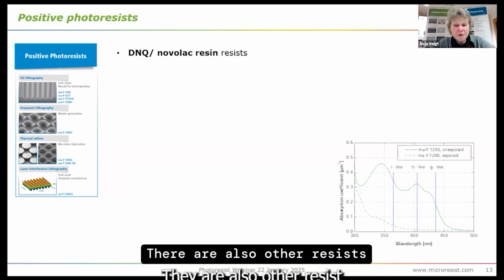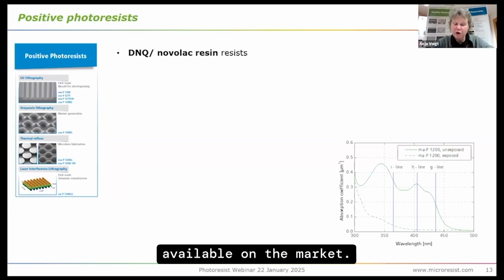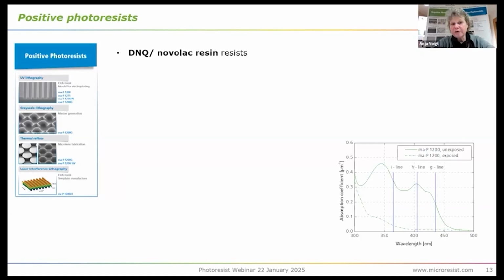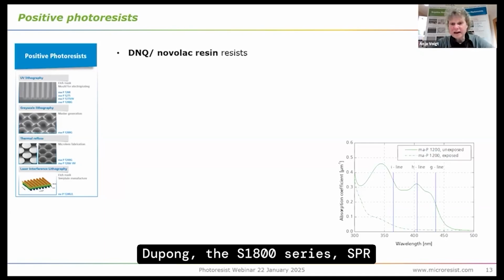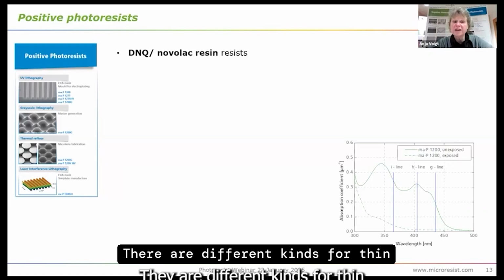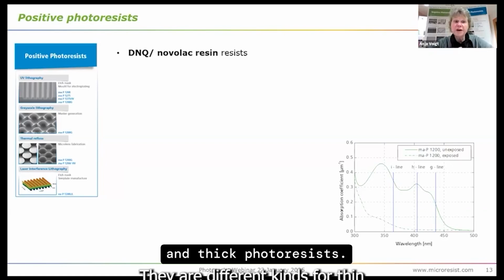There are also other resists based on the same main chemistry available on the market. For instance, these are from DowDuPont, the S1800 series, SPR series, or the AZ series. There are different kinds for thin and thick photoresists.